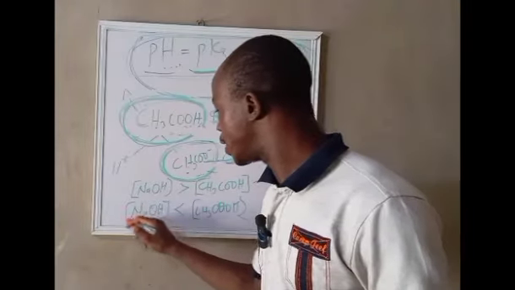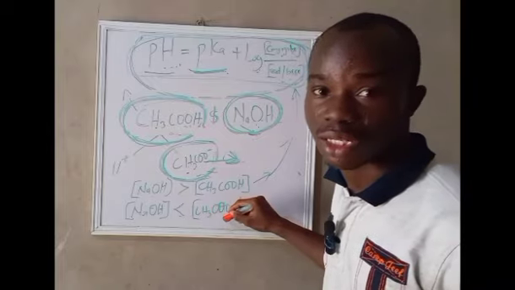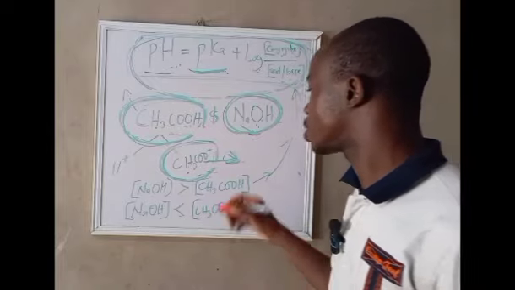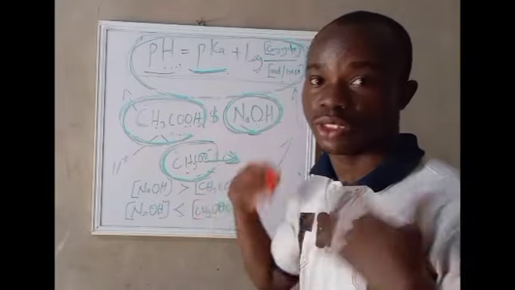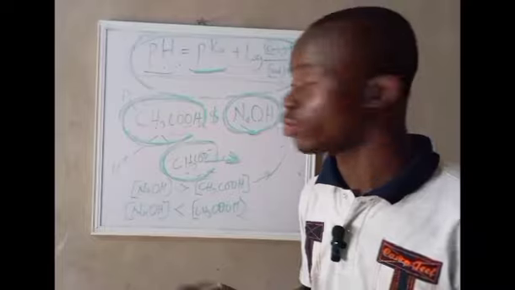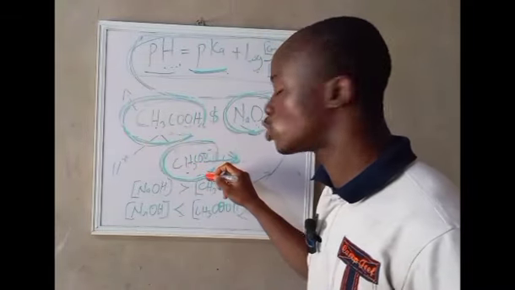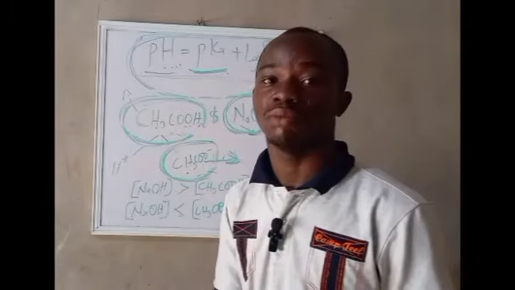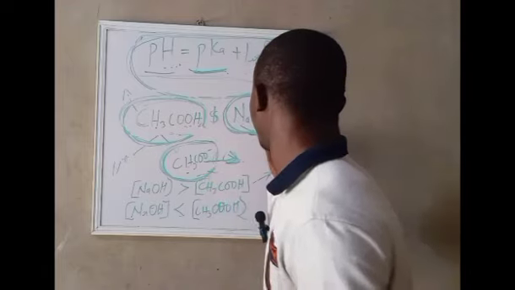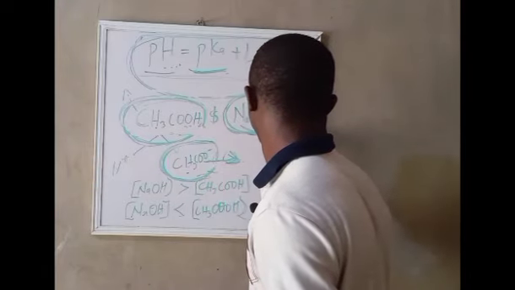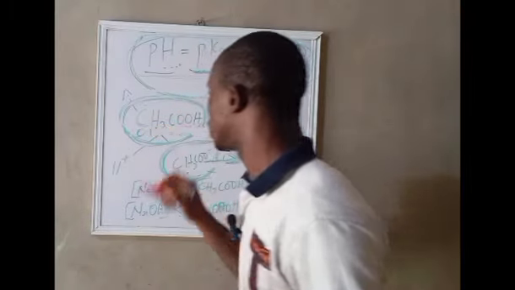But when NaOH is less than the amount of the weak acid you are having, what that implies is that it is not all of this that will be converted to this. So in the solution, which in this case is a buffer, you will have some of this remaining, and you also have some of this. To understand better, let's say we have 0.5 of this, and then we have 0.1 of this.